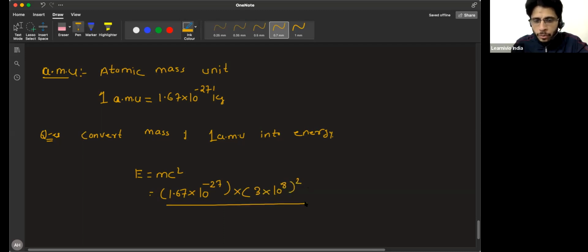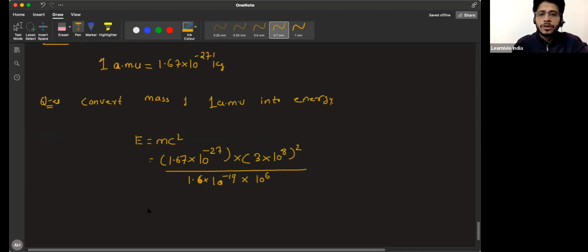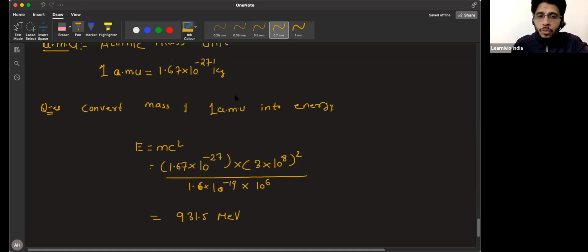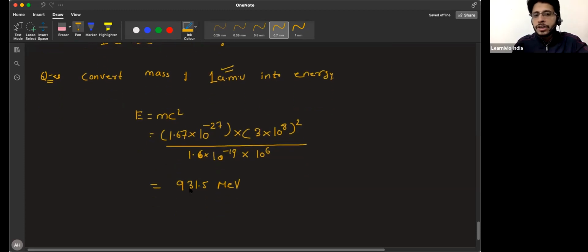If you want to convert this into electron volt, just divide it by 1.6 into 10 raised to the power minus 19. If you want to convert this into mega electron volt, then divide it by 10 raised to the power 6. So when you do all these calculations, you get 931.5 mega electron volt.